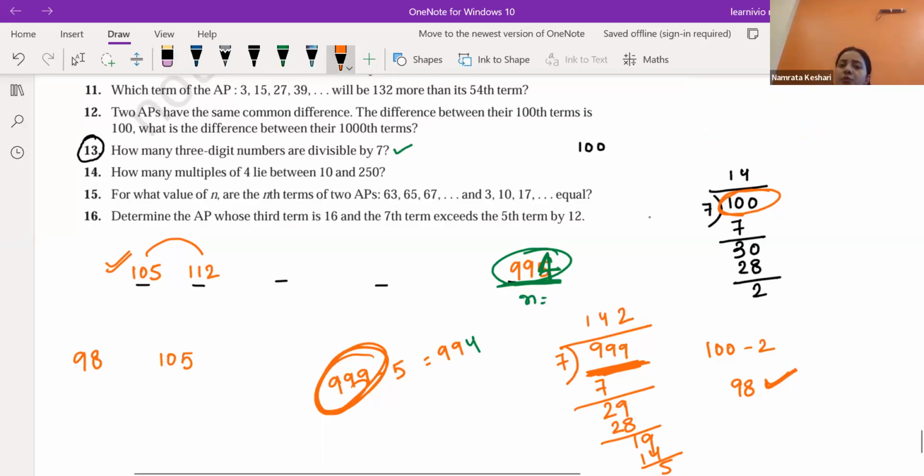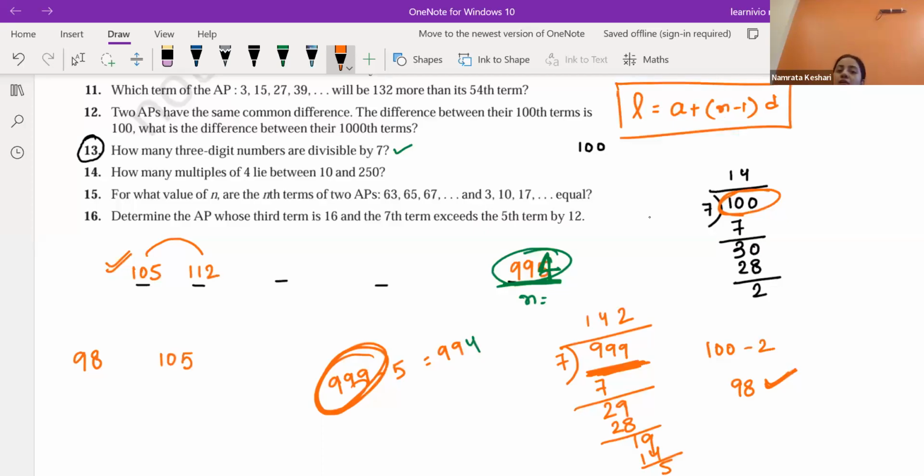It says that if you know the last term, you can write last term equals a plus n minus 1 into d. Then you will end up getting how many terms are there. With this formula, you will be able to answer how many 3-digit numbers are completely divisible by 7.